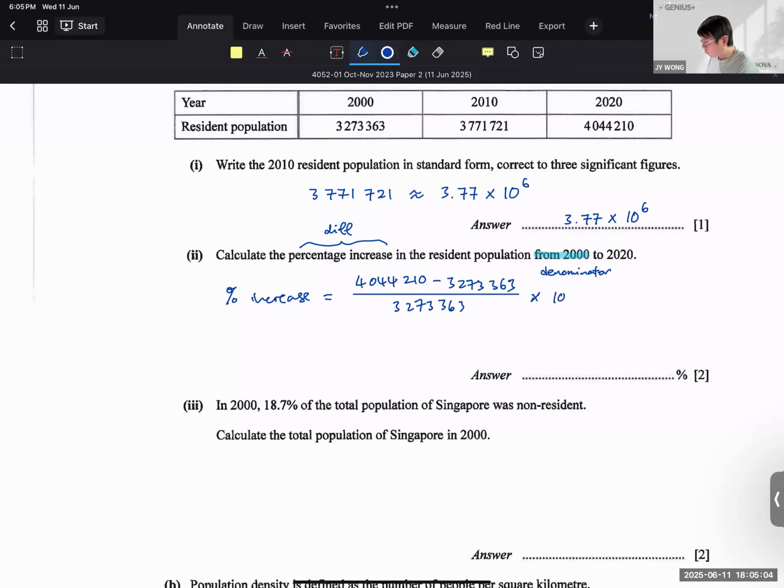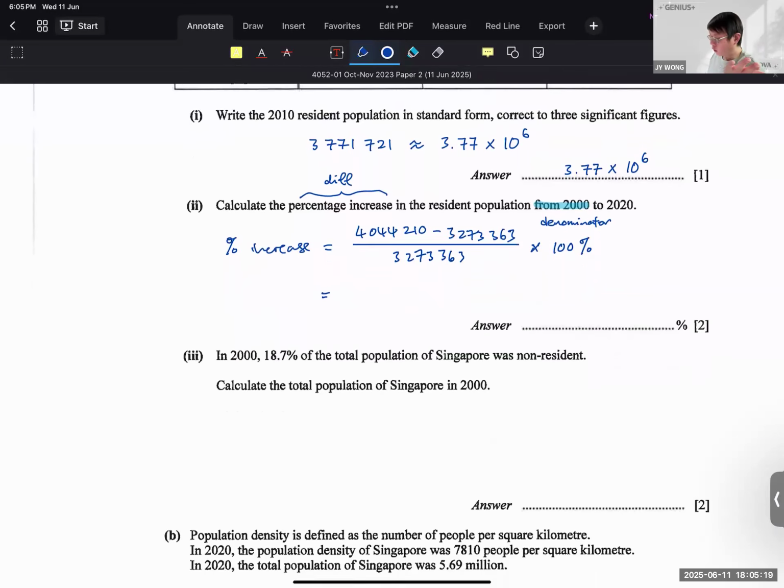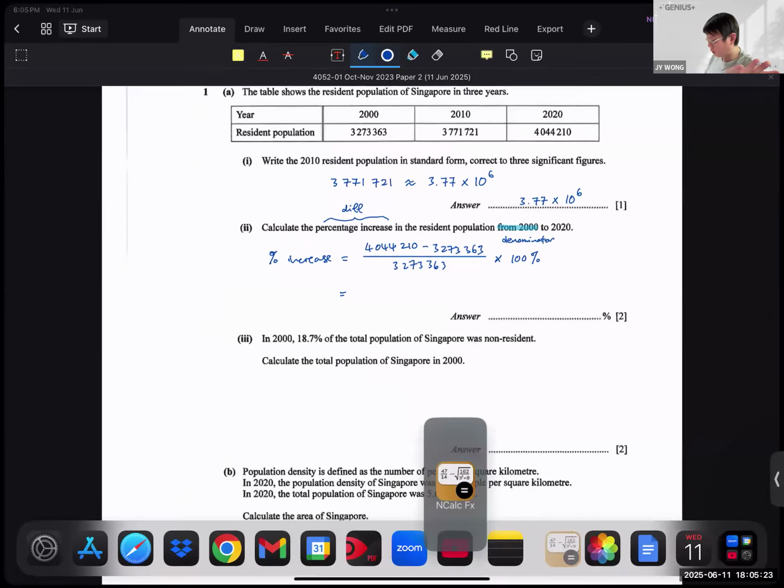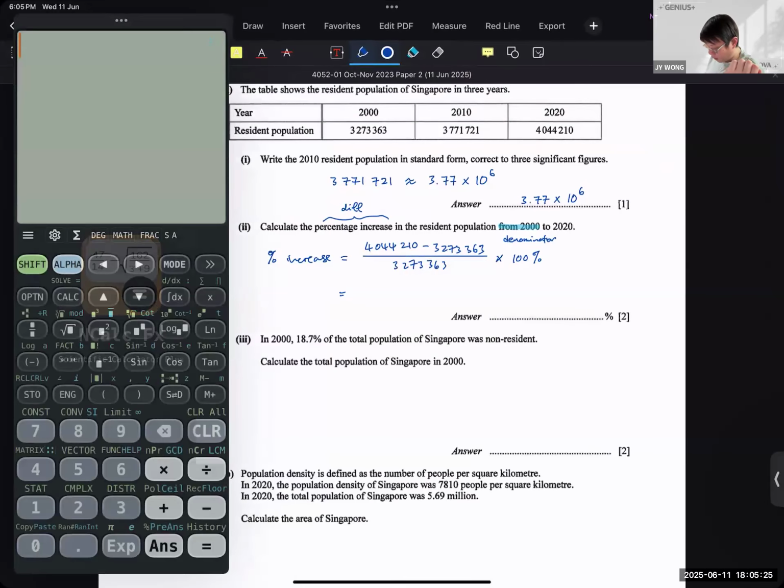Then times 100%. Because this is a 2-mark question, you must show the step. If you don't show the step, you don't get the method mark here. So mark allocation, same thing applies, right? If it's a 2-mark question, then you jolly well show your step.